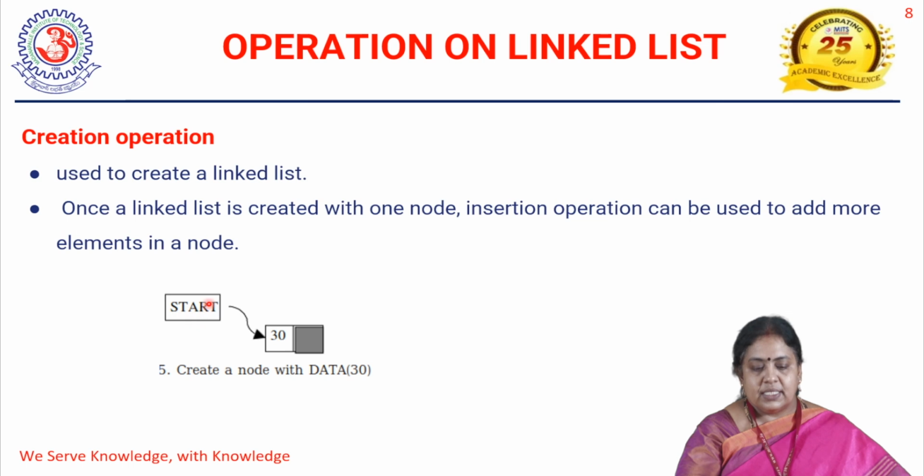This is the start node, which contains the address of the first node. Start does not contain data, only the address of the first element in the list. This is a pointer. The next field of the first node contains the address of the next node, if there is one.